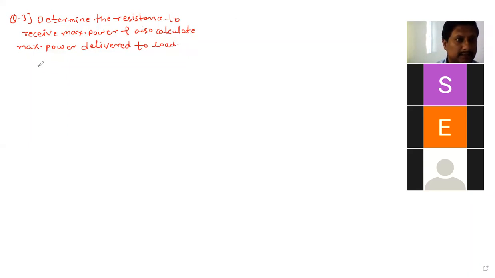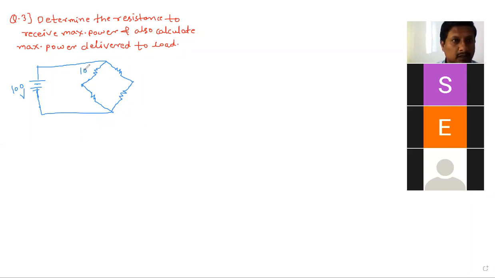So the diagram will be like this. This is 100 volt. This resistor is 100 ohm, this is 200 ohm, this is 400 ohm, and this is 300 ohm.